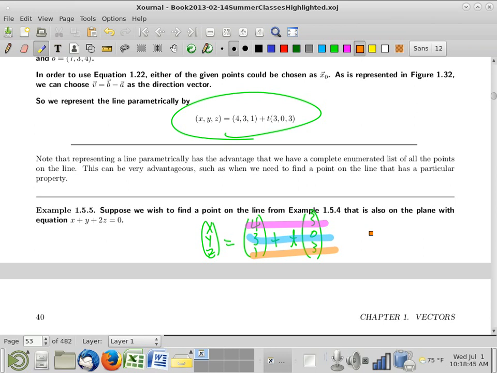So x is 4 plus 3t, y is 3 plus 0t, and z is 1 plus 3t. That's one of the reasons I like the vertical notation better than the horizontal.